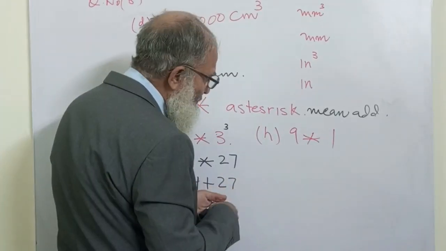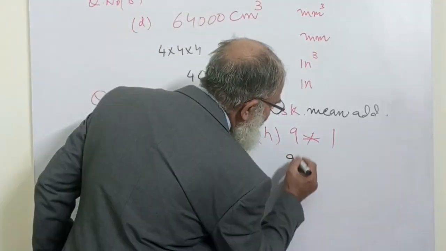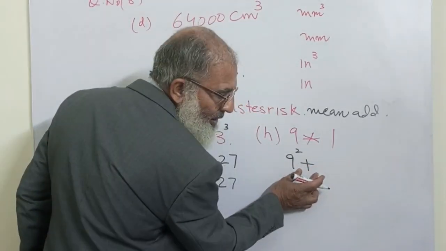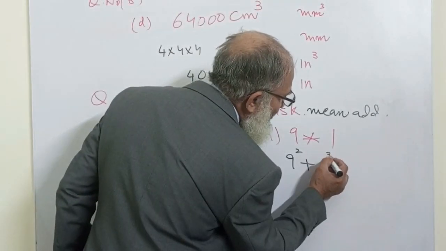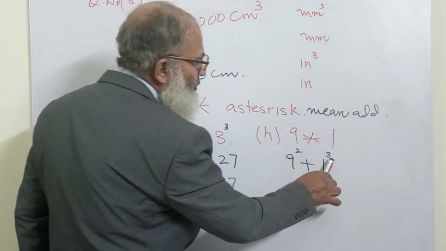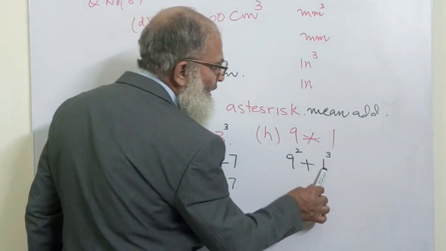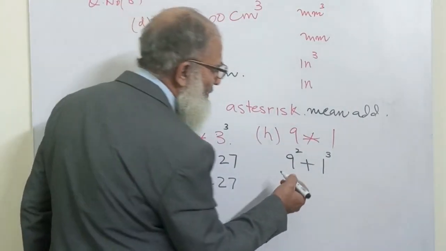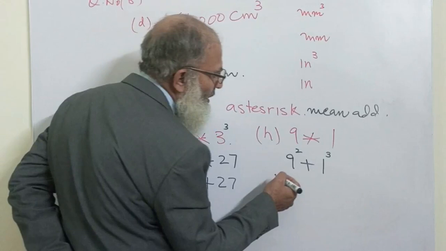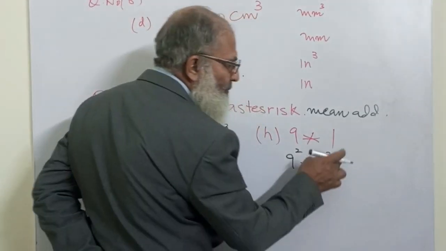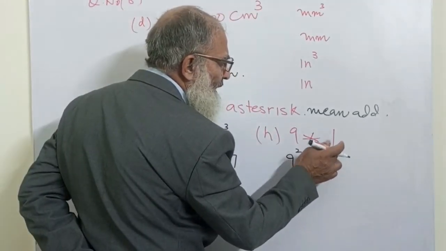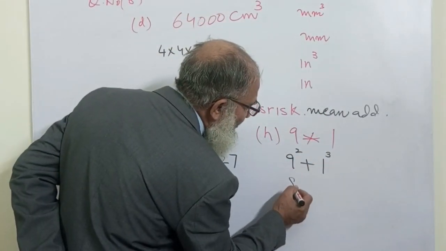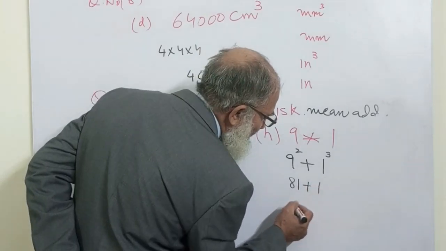What I have to do is put a square on the first, then convert this into addition and put a cube over here. So you see, I told you 1 raised to the power of anything remains 1. Now 9 squared is 81 plus 1, it becomes 82.